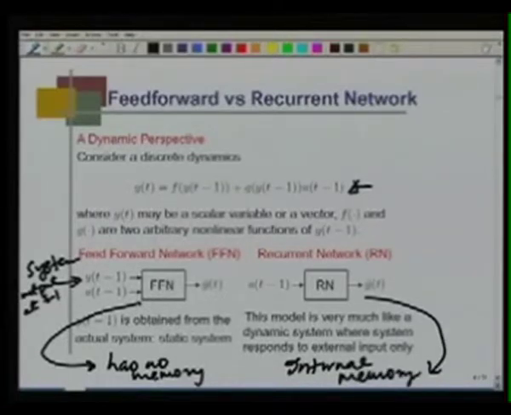So this is very much like a dynamic system. A dynamic system, we give input and see the output, and a system is dynamic when it has internal memory. So a recurrent network is more like a dynamic system, whereas a feed-forward network is a static network, simply constructed for function approximation.